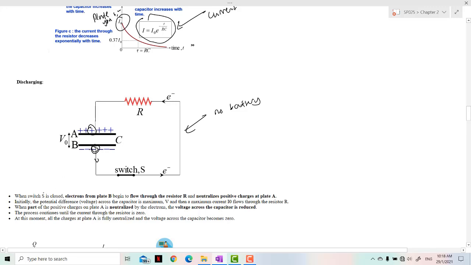So when the switch S is closed, with no battery, the electrons from plate B will flow through the wire and the resistor to neutralize the charge on the positive plate. The negative is again attracted to the positive, so it goes there through the wire.